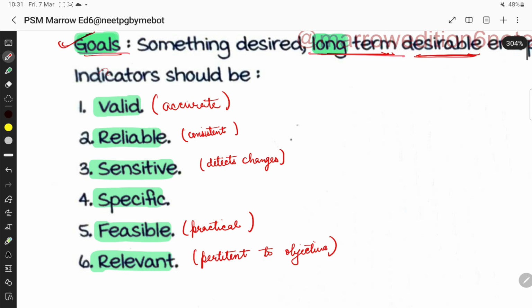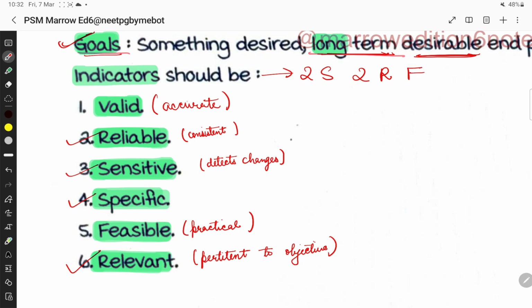What are the properties of an indicator? Indicators should be valid, reliable, sensitive, specific, feasible, and relevant. So there is 2S, sensitive and specific, 2R, relevant and reliable, 1F, feasible, and then valid.